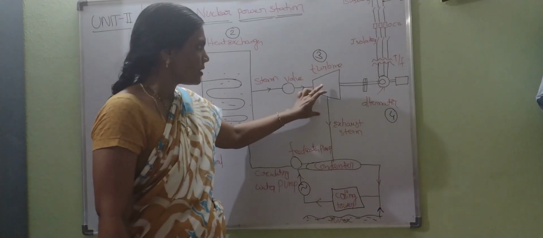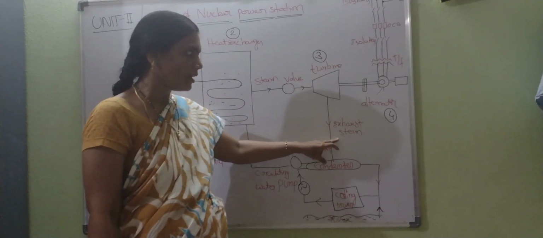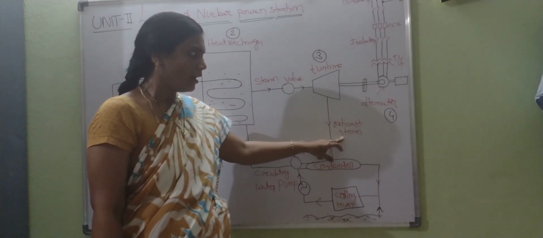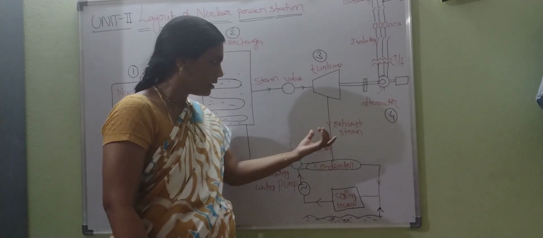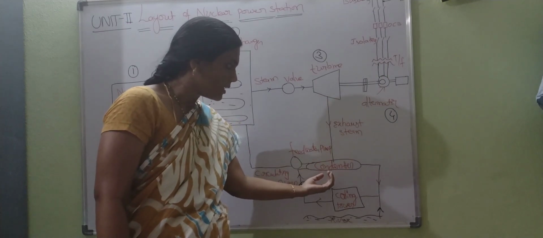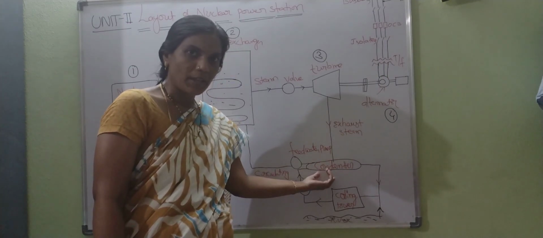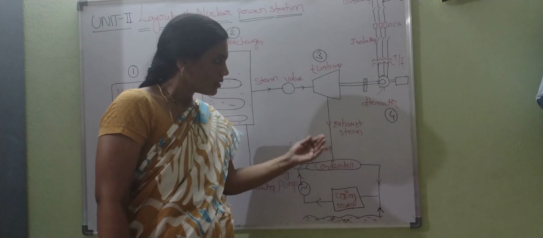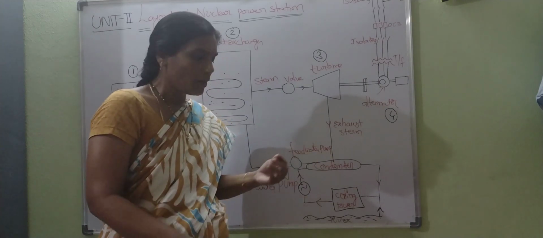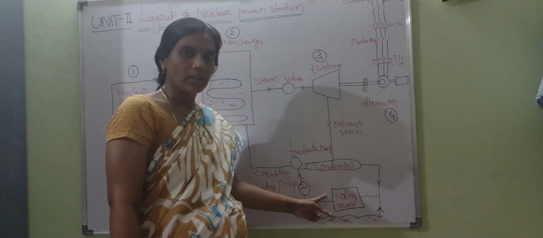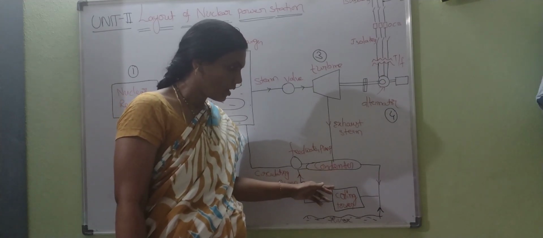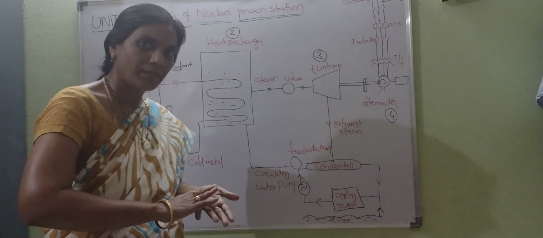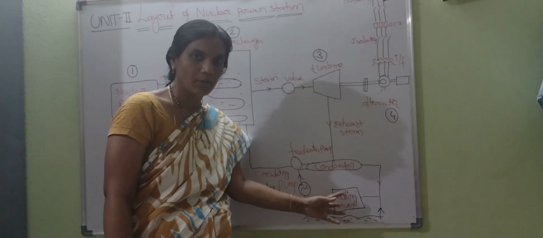After the steam is exhausted, what happens? The exhaust steam has somewhat less heat at this stage. Then at the condenser, which is operating at low temperature and low pressure, this exhaust steam is turned into droplets by means of the cooling towers. Here the water droplets are further converted into water by the cooling towers.